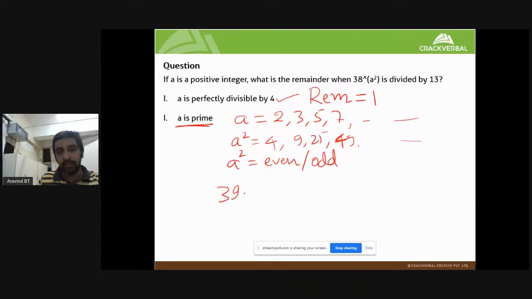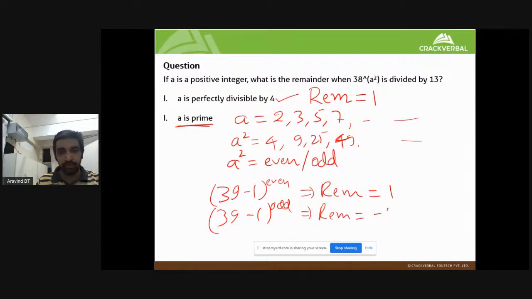So (39 minus 1) to the power of even will give me a remainder of 1. (39 minus 1) to the power of odd will give me a remainder of minus 1, which is nothing but a remainder of 12. So is the second statement giving me a unique remainder? No. I'm getting a remainder of 1 or 12. Therefore, the answer on this question is A for alpha.